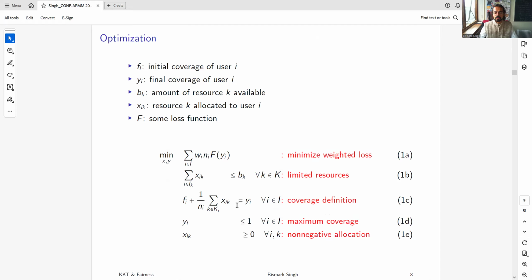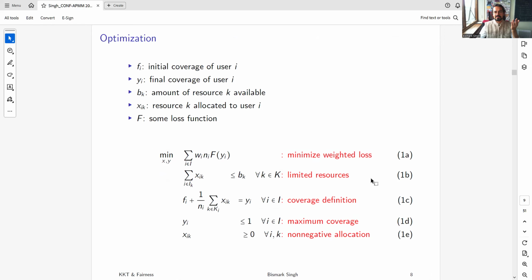You could very well throw out this constraint as well, and that's completely fine, and have everything in terms of one variable x. Resources are of course available in only a limited quantity, b_k, so that gives us a limit on the number of resources that you could allocate. That's pretty standard. There's practically nothing fancy going on here.